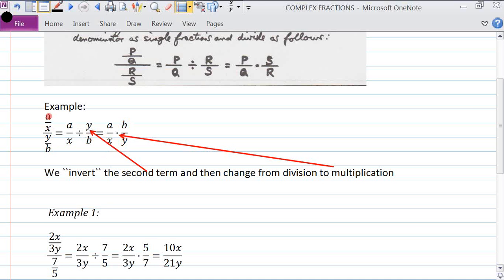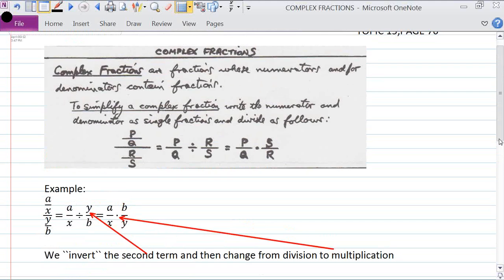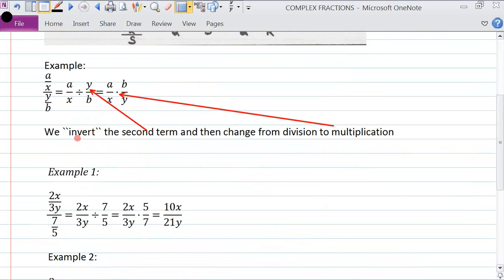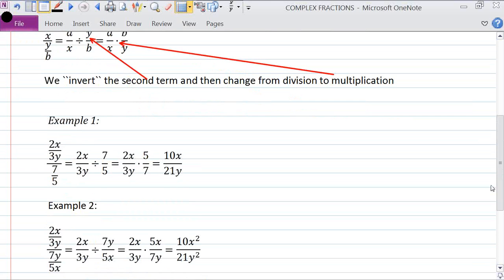It's called complex because you have a fraction here and you have a fraction here. So it's called a complex fraction. We invert the second term and then change from division to multiplication. So for example, here's 2 over x divided by 3 over y divided by 7 over 5.